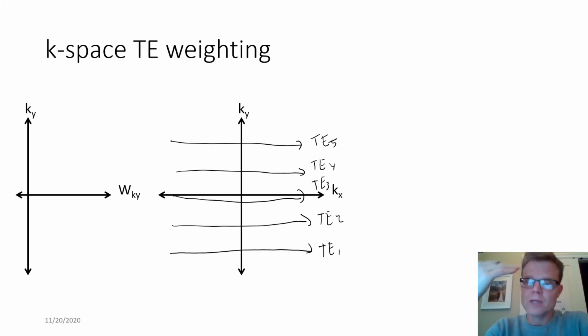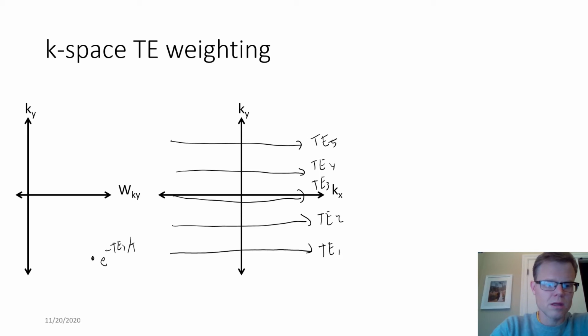And now what we want to think about is, well, each of these echo times has a different TE over T2 weighting. So this is going to be described by this W(ky) weighting function here, where at this point here, it would be whatever the T2 weighting is at the first echo time, then the spatial information in K-space is going to be weighted by now some increased decay at the second echo time, and so on.